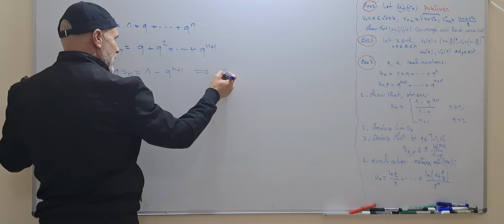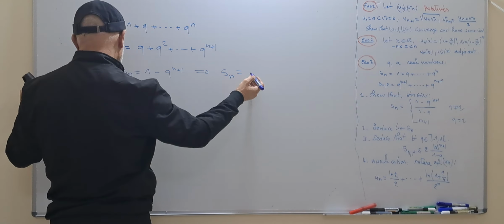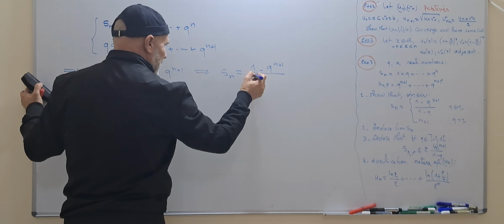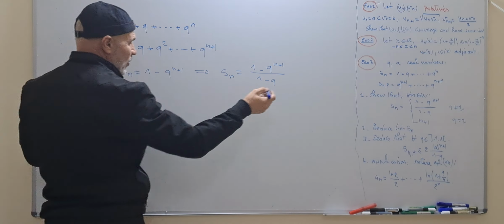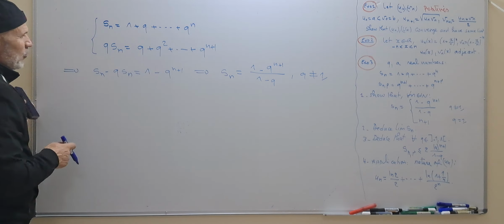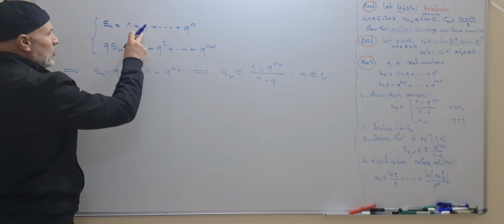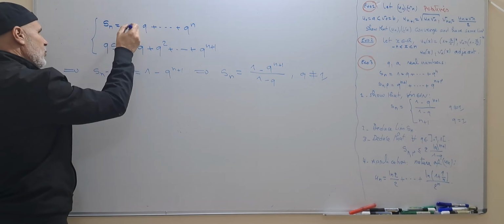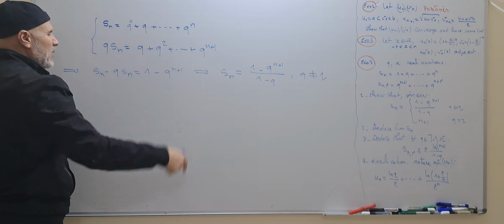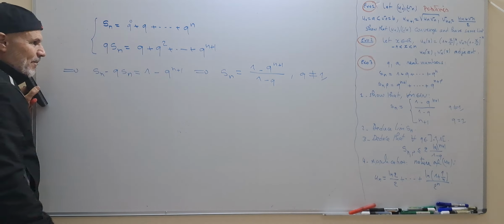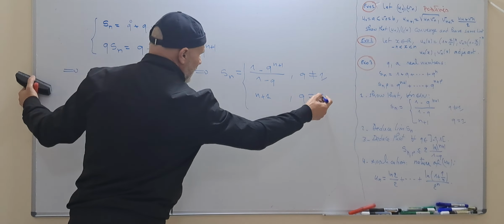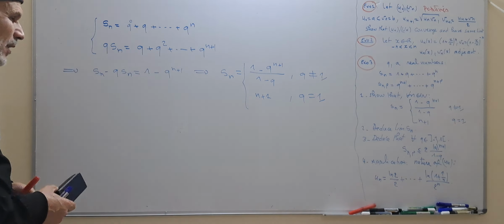Then Sn is equal to 1 minus q^(n+1) divided by 1 minus q. In this case, for sure, q is supposed to be different from 1. And if q is equal to 1, we have to sum 1 plus 1 and so on. So here we have q^0, q^1 until q^n, so we have n + 1 terms. In this case, we have n + 1 times 1 if q is equal to 1. This is the first formula.